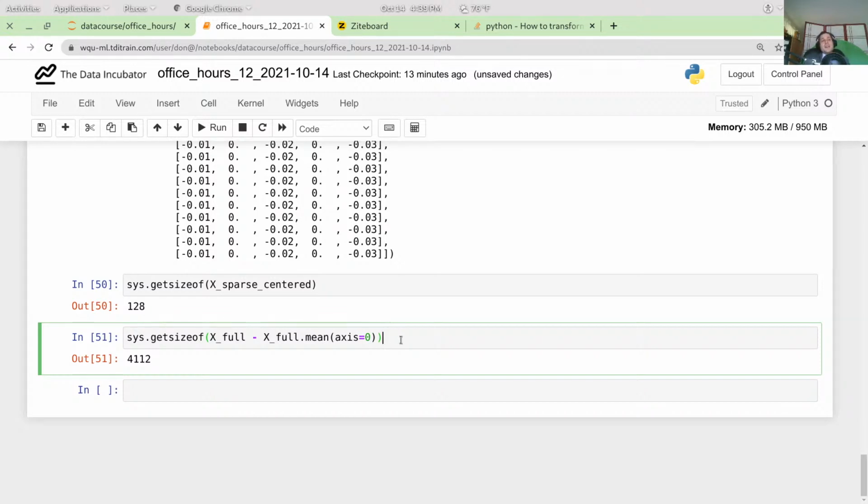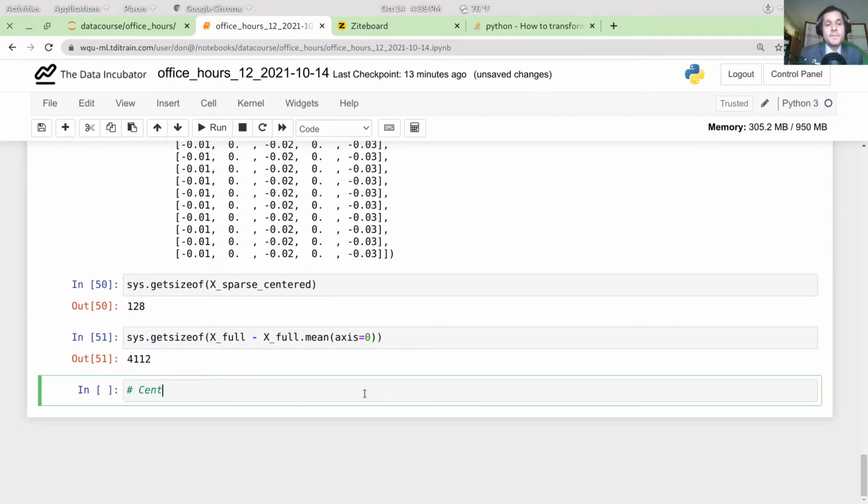So if I have a big data set that is impossible to hold in memory, and it's only possible with a sparse representation, then centering the data, I can put a little comment here: centering a sparse matrix increases the size of the object.